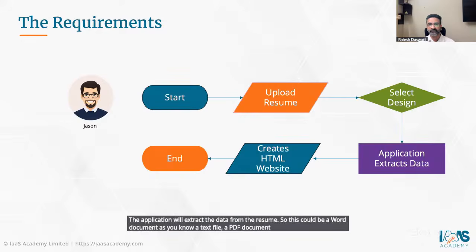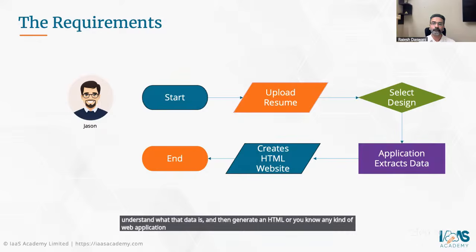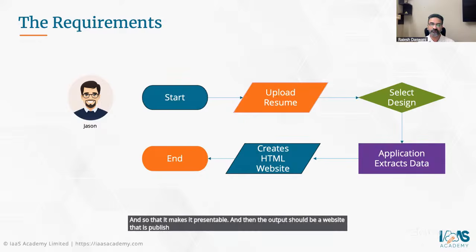Then, using that data, it needs to understand what the data is and generate a website, HTML, CSS, JavaScript, etc., so that it's presentable. The output should be a website that is published and accessible to everyone on the internet.